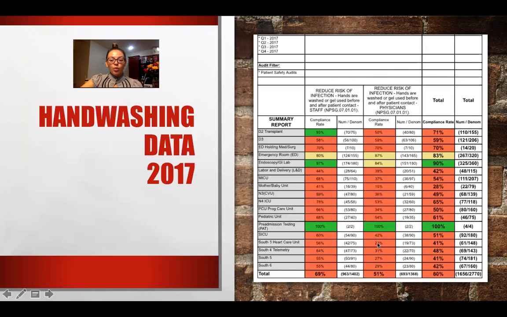Physicians had an even lower rate than that, 26% hand washing rate, leaving us at a whopping 41% compliance rate in hand washing, which is completely sad, you know, especially with isolation rooms. So we know that our increase in C. diff rates is definitely attributable to a decrease in hand washing.